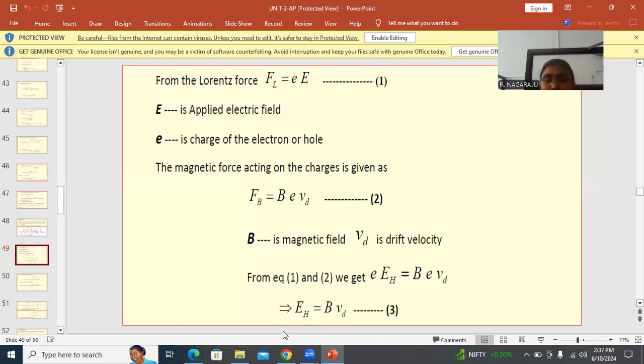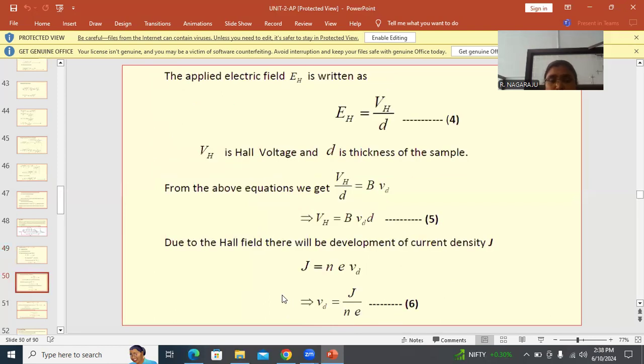When you simplify, in terms of electric field and magnetic field, EH is equal to vd B, where vd is the drift velocity. From equation 3, we get EH is equal to VH by d. This gives equation 4, where VH is the Hall voltage and d is the thickness of the sample.